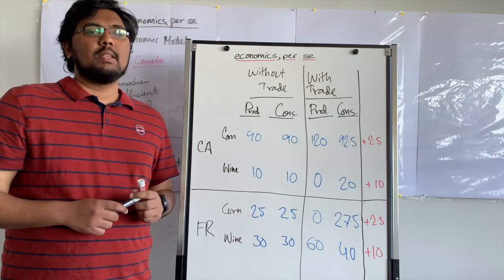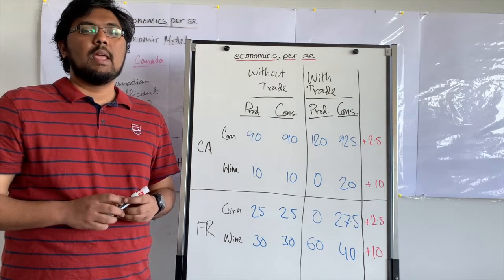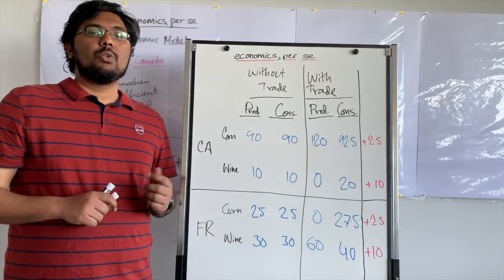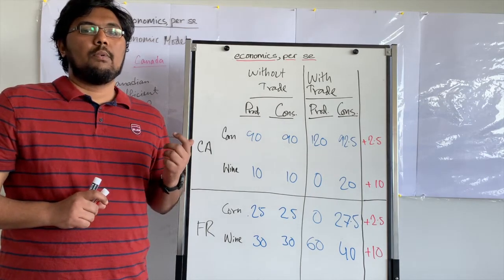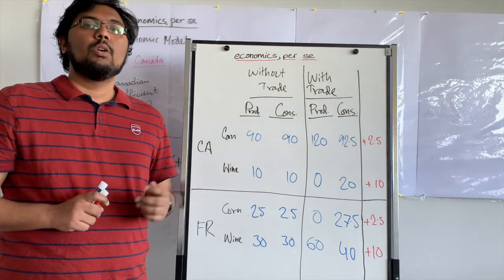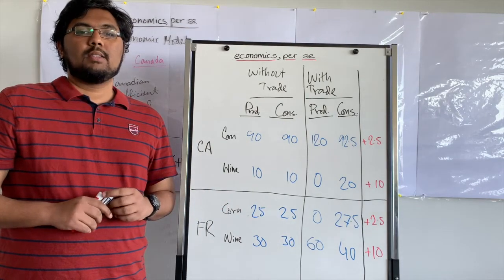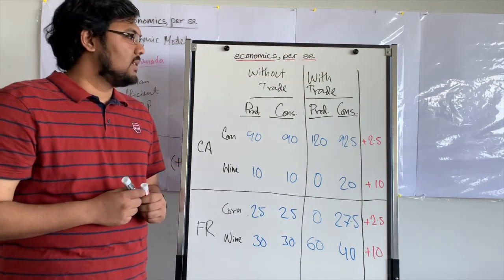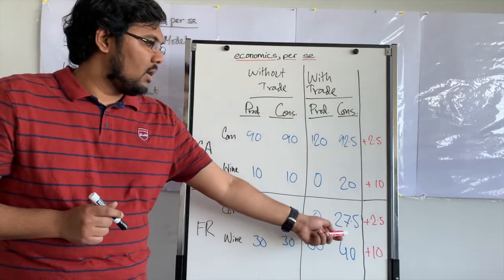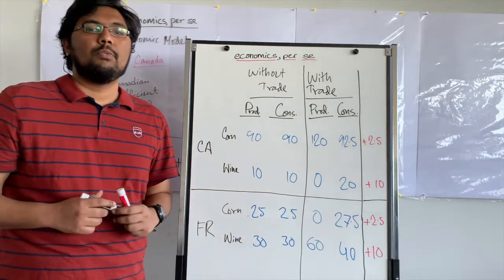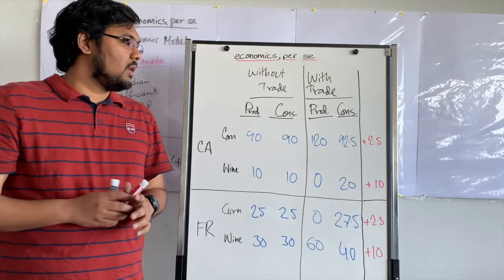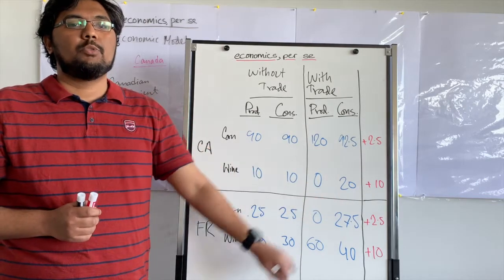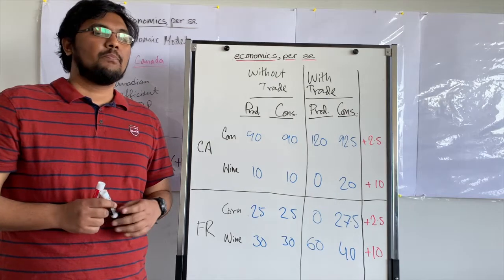One point to remember is that both countries would be willing to trade if the price each of them is paying to obtain each good is less than the opportunity cost of producing the good domestically. In our example, the price Canada is paying for 20 units of wine is 27.5 units of corn to obtain these 20 units of wine from France, and the opportunity cost of producing wine domestically is 3.